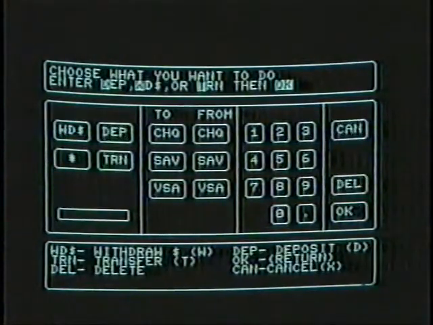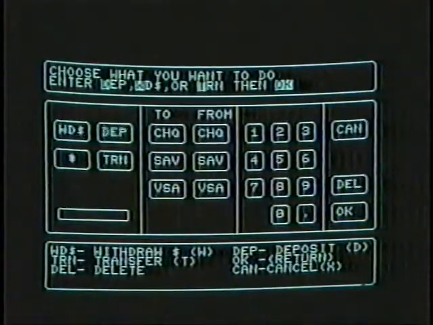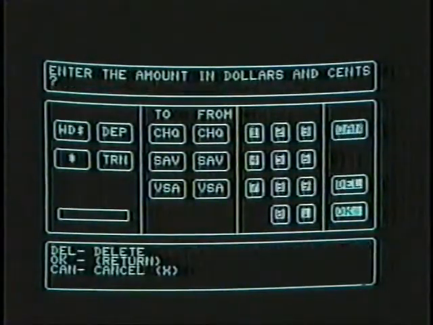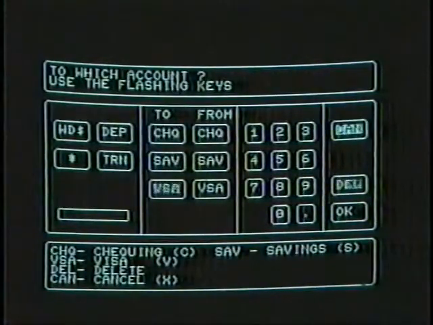Choose what you want to do. Well, let's see now. I think I'll deposit some money. Enter the amount in dollars and cents, so, well, let's say $1,000. To which account? I think we'll put it in the checking account.